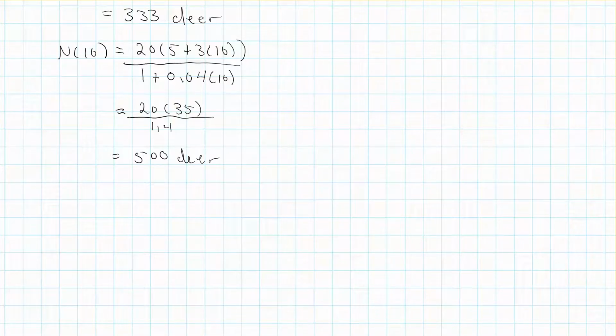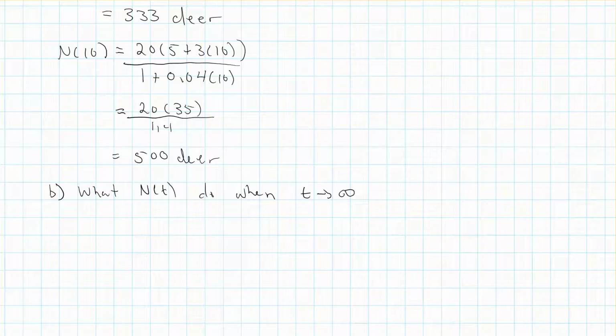As I said, we wanted to get what this limiting population is. So part B, the limiting population, means what does N at T do when T goes to infinity.